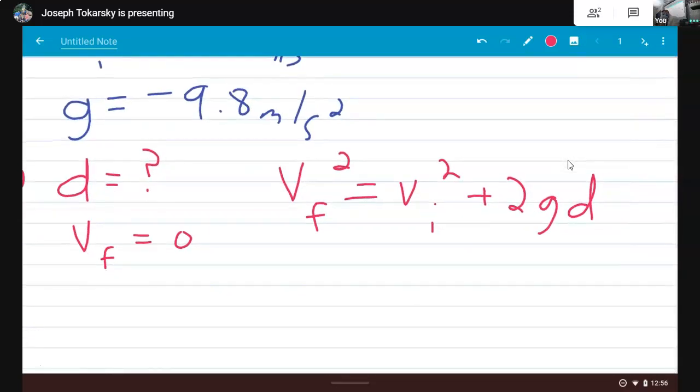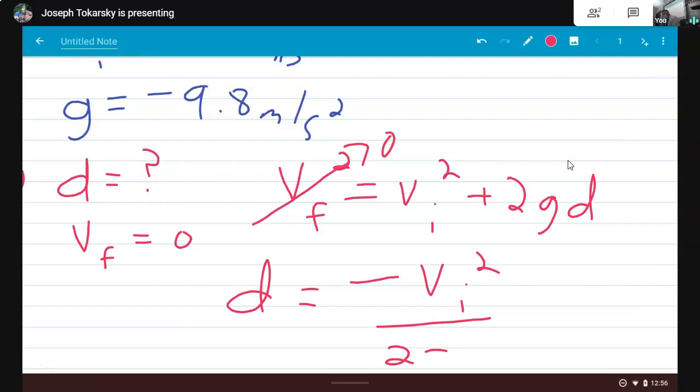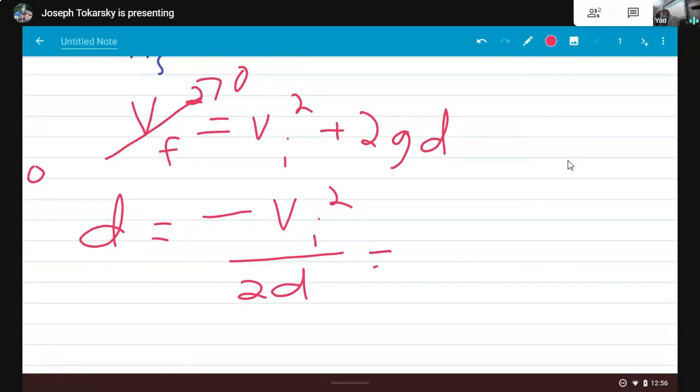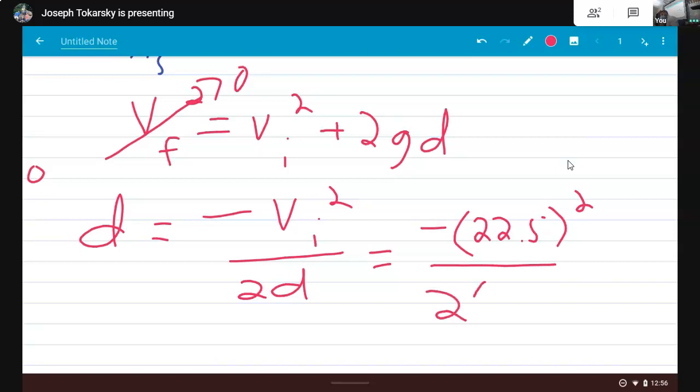So VF is 0. We plug that in, rearrange, subtract over VI squared, divide by 2D. Take our numbers, 22.5. Don't forget to square it, over 2 times... Oh, that should be G, not D. I'm sorry.